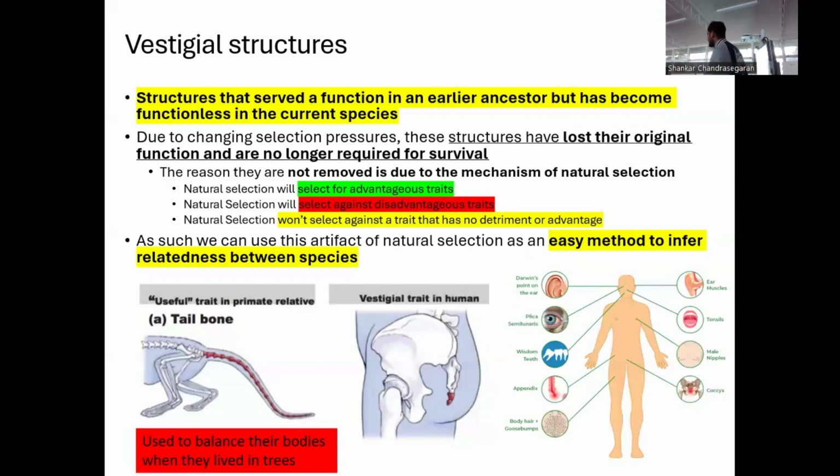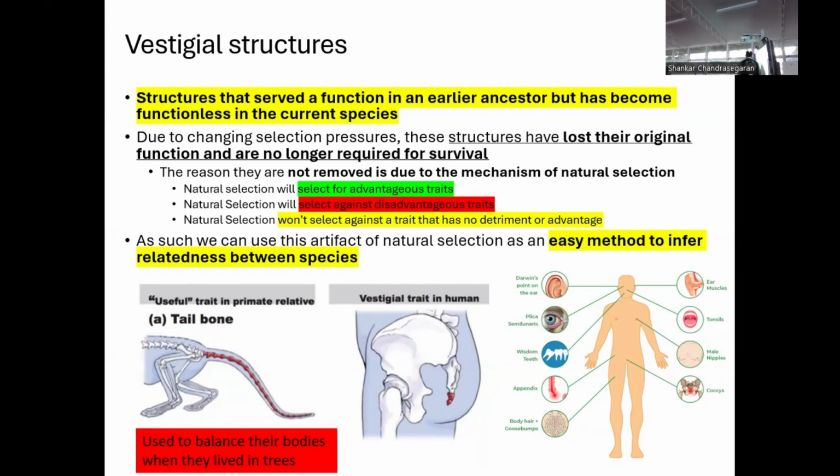Moving on, next is the vestigial structures. These are structures that originally served a purpose in an earlier ancestor, but due to natural selection selecting for different features or different traits, these structures have lost their original function and are no longer required for survival. The best example of this in primates is tails, right?